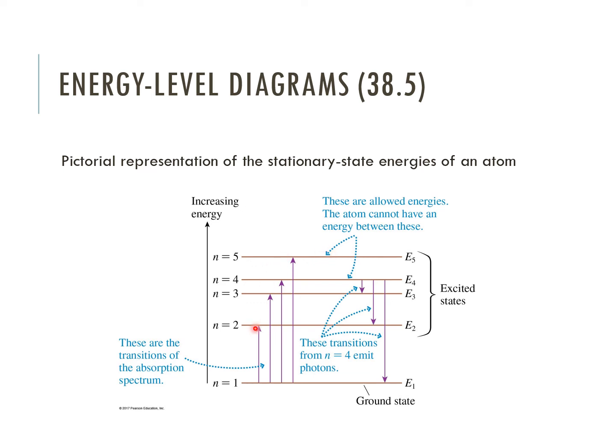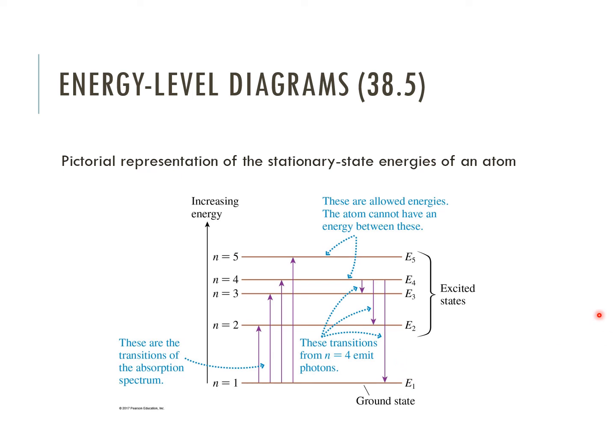Now what's going to happen is eventually these excited electrons are going to want to go back down to the ground state. The reason there are more emissions than absorptions is I don't have to go back from 4 directly to 1. I can stop at 3, I can go to 2, or I can go to 1. So I'm going to have additional wavelengths because there's only one way up, but there are many ways down.